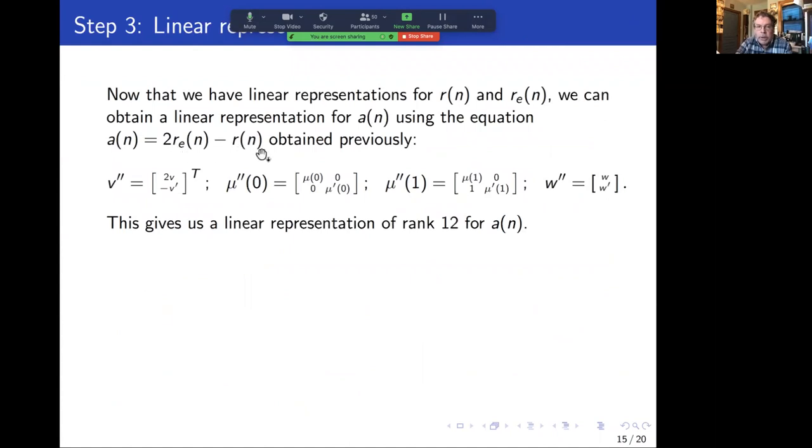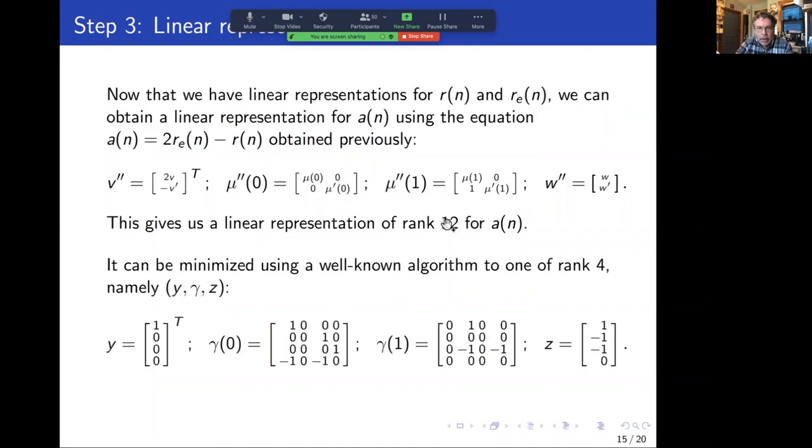What we do is we just say, all right, we'll make a linear representation with matrices of size 12, and we'll compute Re of n in the first 8 by 8 upper left block, and we'll compute R of n in the lower 4 by 4 block, and we get this picture here. Or maybe I said it wrong. Maybe I switched left and right. Anyway, we get this representation for A of n, which I didn't write down.